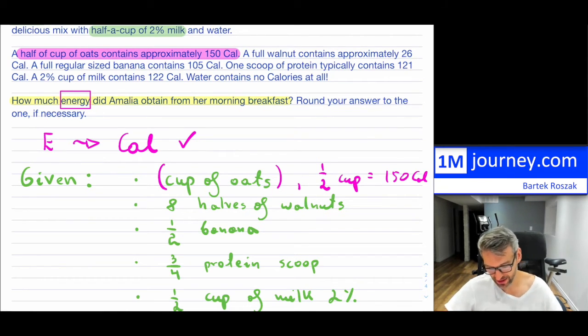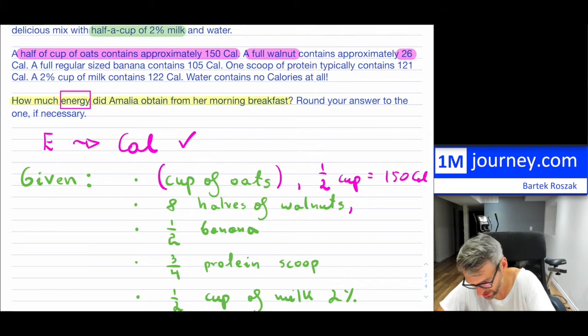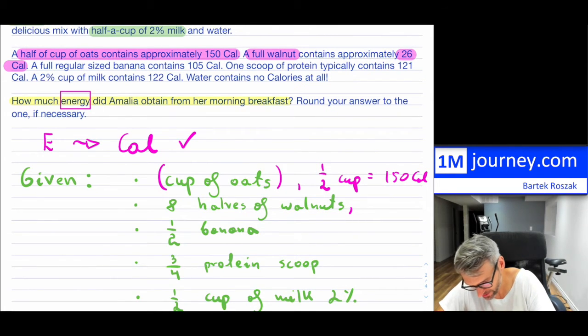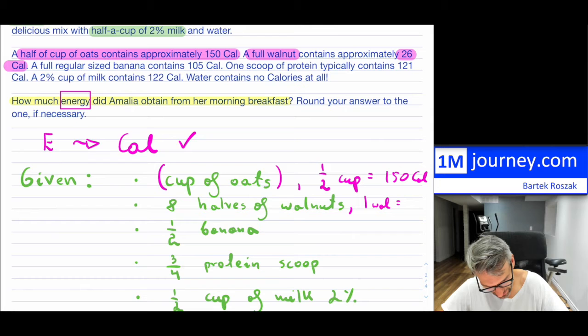So that's that. Now, a full walnut contains approximately 26 calories. So that's my second thing. So that is for the full walnut, and it contains 26 calories. So I'm going to write that in as well. So that's one walnut is 26 calories.